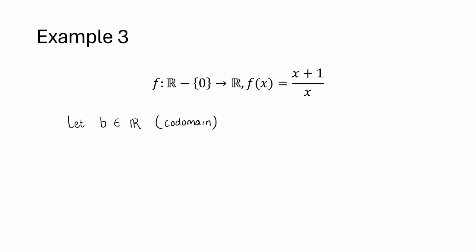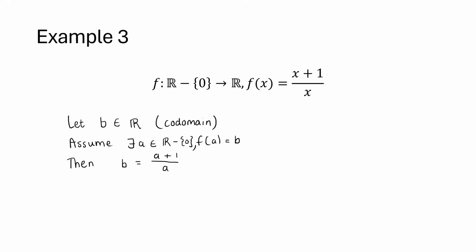And I'm going to assume there does exist an element in the domain, an A in R, such that f of A is equal to B. So if this is the case, then it means that B is going to be equal to A plus 1 over A. Sorry, and I'm just going to fix this. A is from the domain, so it is R without 0.